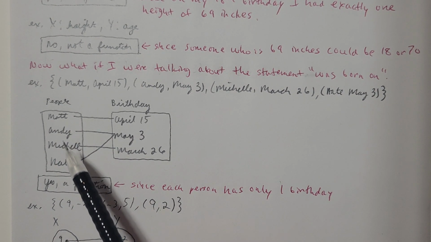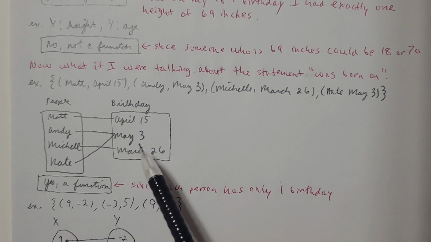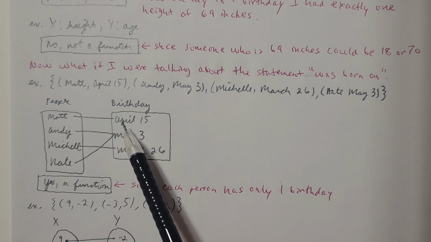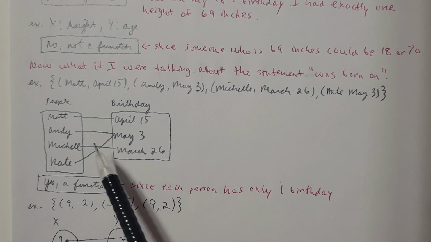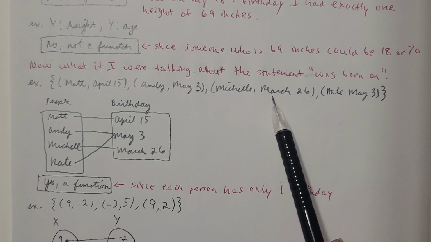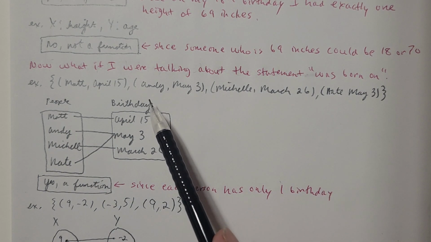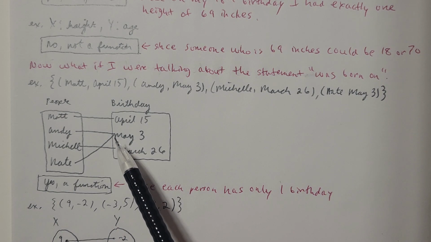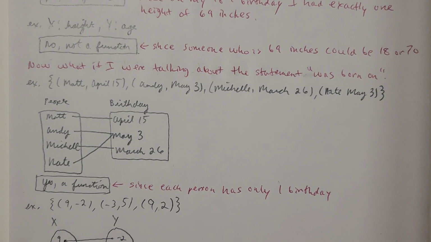So I got a group of people, here's the 4 names, and then I got the corresponding birthdays listed. So Matt's birthday is on April 15th, Andy's birthday is on May 3rd, Michelle's birthday is on March 26th. And just to make this a little bit more interesting, suppose that Nate and Andy have the same birthday, which is May 3rd. Okay, is that a function?